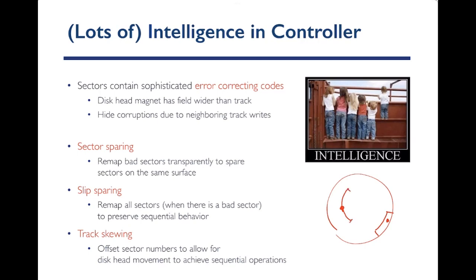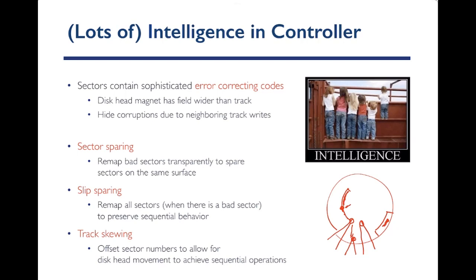Now your head has to come here, start reading until it gets here. Then the head has to seek to this track to read this data, and then go back to the initial track to read the rest of the data.